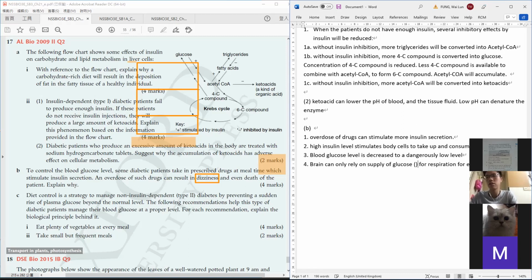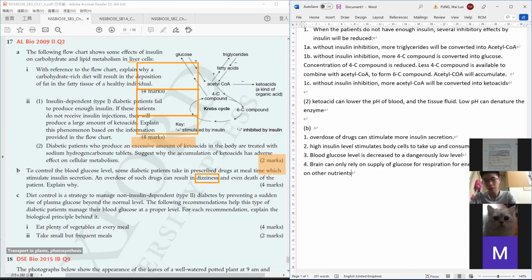Because of the structure, the brain cannot rely on other nutrients. So the brain can only consume glucose.